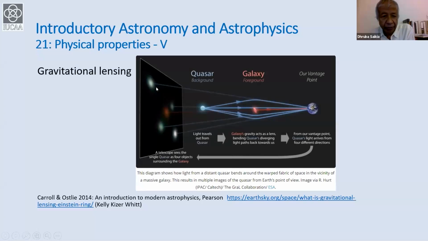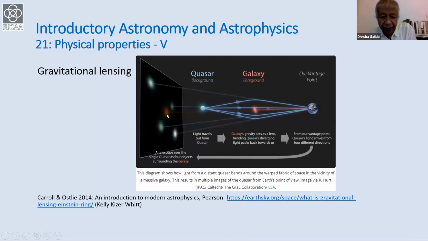So when you project the source back onto the sky plane, one can form multiple images depending upon the mass and how it is distributed. If there was no lensing galaxy at all, what you would see is a single object over here.